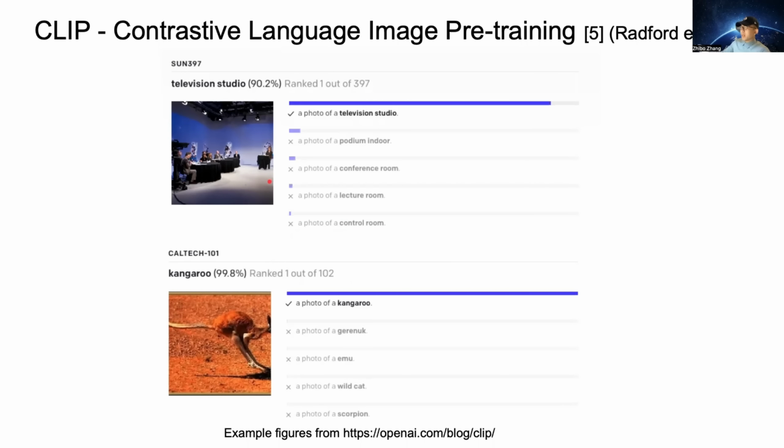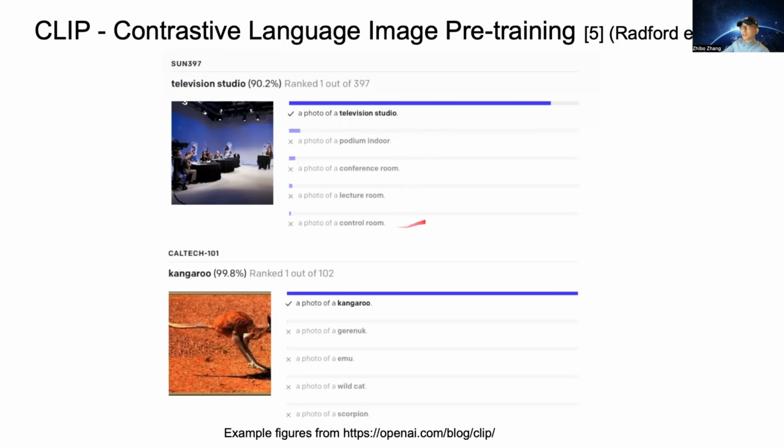Okay, so let's look at some very interesting results here. For example, they use the pre-trained model for some very interesting classification tasks. Here they put in a television studio image and some very similar, very confusing concepts here.